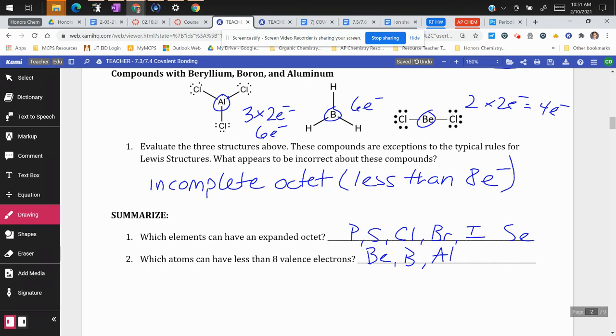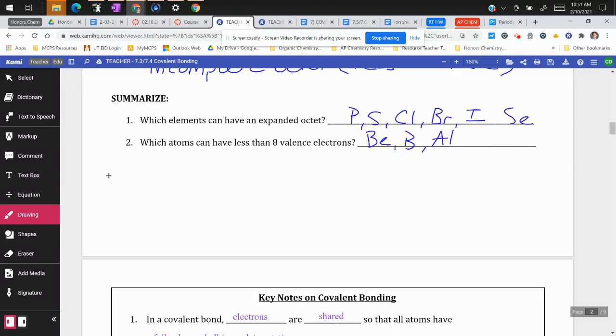Beryllium has a low electronegativity, so even though it's a metal, it can actually form covalent bonds on occasion. That's interesting. Boron and aluminum are elements in that metalloid and post-transition metal area, so they're not quite nonmetals, but they're not quite tried and true metals either. So that is something to keep in mind.